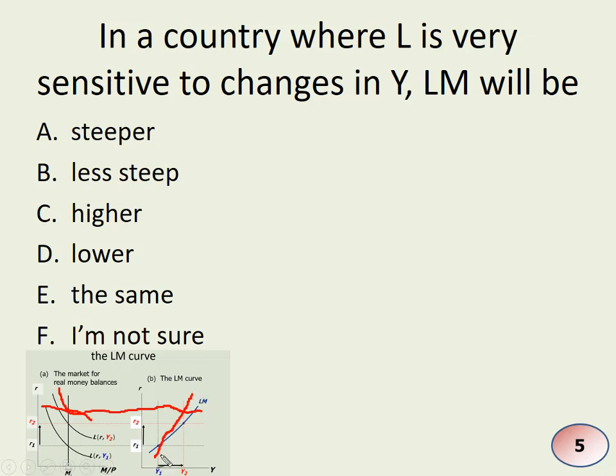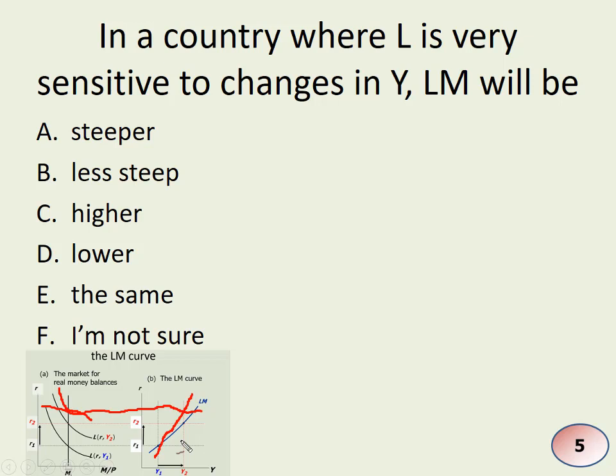So for a given change in income, you need a bigger change in interest rates. It must be a country where there's a lot of transactions done by cash, with money, and a lot of separate transactions, or the financial system is not so sophisticated.